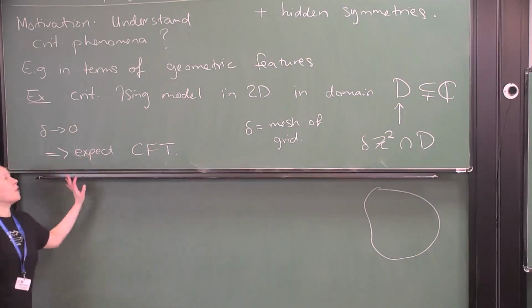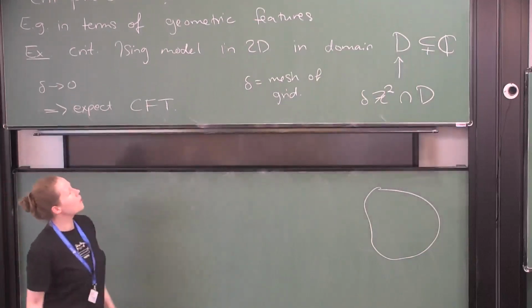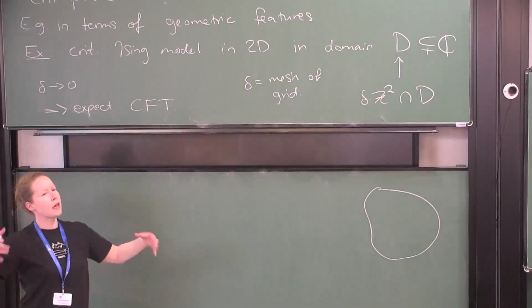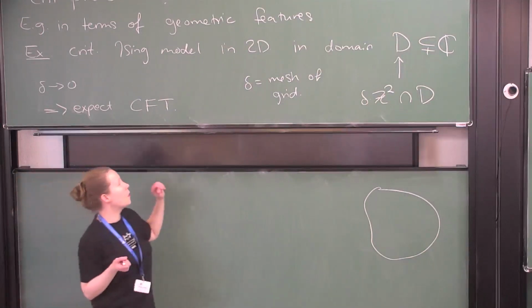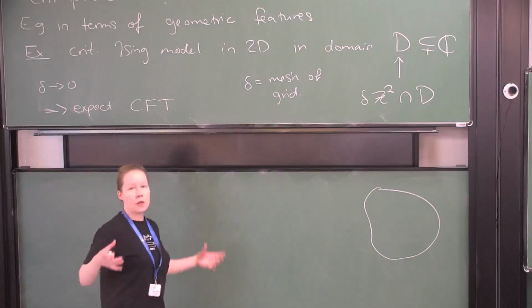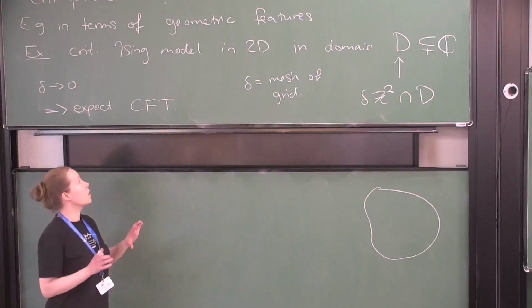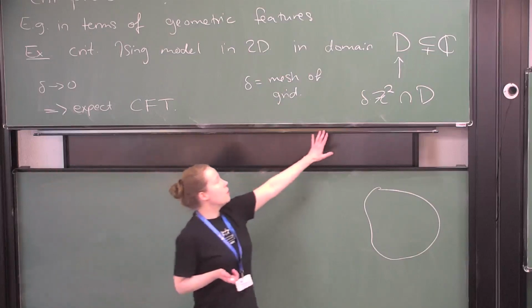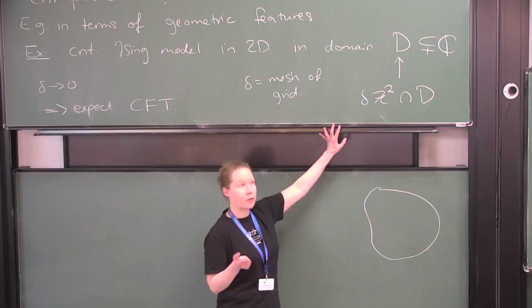So that's somehow the mantra. But what does it mean? Of course, you can look at the spins, see how they converge to something which would be the spin field. Try to look at other observables and prove they converge, but it's not always possible because these discrete quantities may be very ill-behaved, so taking the limit is difficult rigorously.